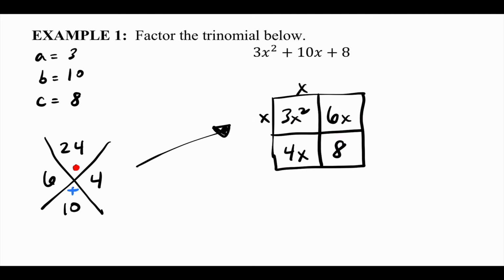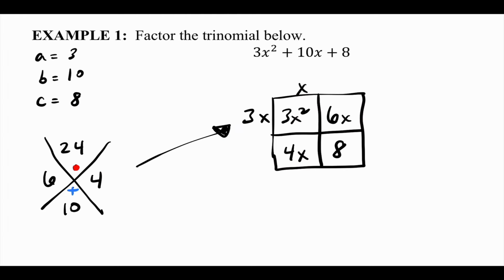No. Well, let's try over here then. 3 goes into 3. Does 3 go into 6 evenly? Yeah. So because of that, 3 is going to go on the side here. And that means a 1's going to go here. You don't have to write that 1, but it's a 1. Okay, that's how we make that decision.